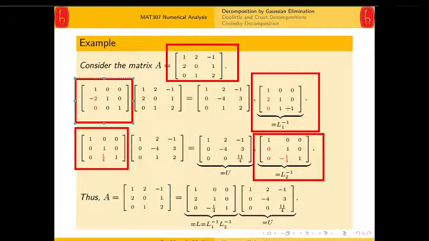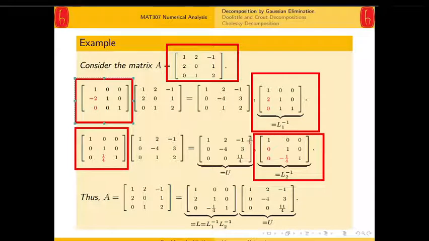Because if you wait until the end, you have to store all the L matrices, which is tedious, because they will all take some space on the memory. So if you follow this idea, this immediately gives us the inverse, and we can multiply these two and then forget about them forever.